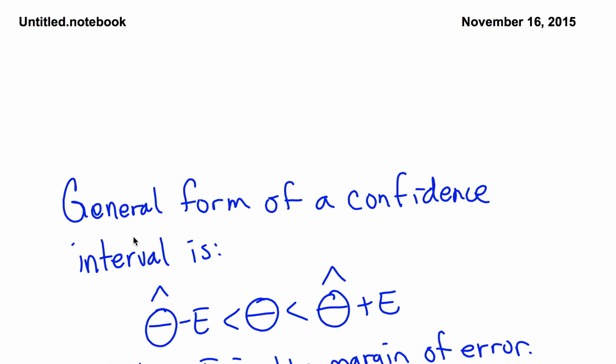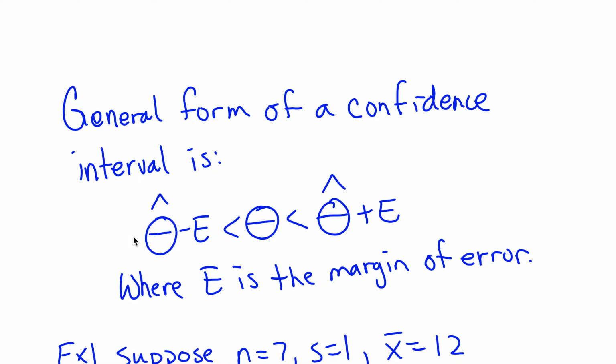All right, so moving on. The general form of a confidence interval is that theta, the thing you want to estimate, is between theta hat minus some value, E, and theta hat plus some value, E. So you basically are capturing theta, that parameter you want to know, between two values that have to do with adding and subtracting a single value from your statistic value.